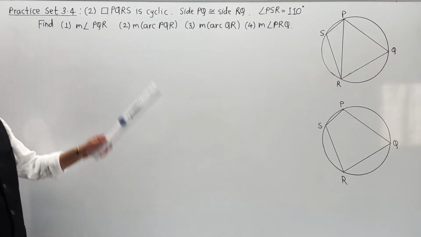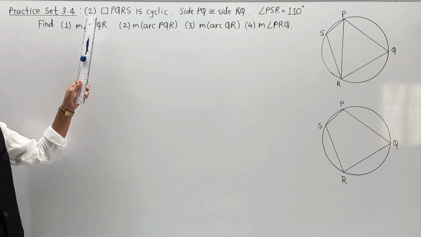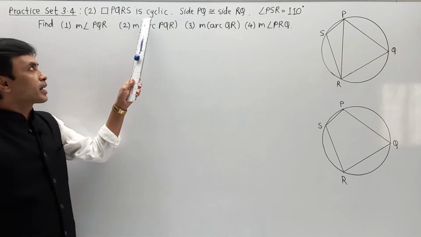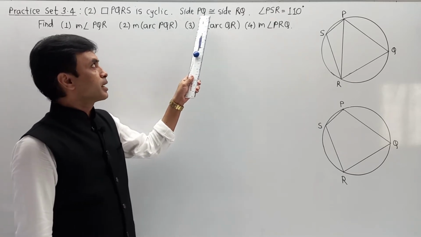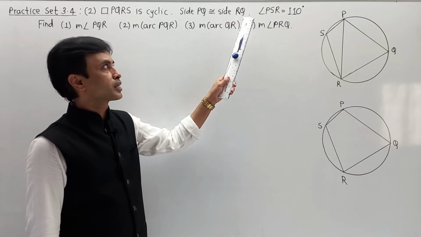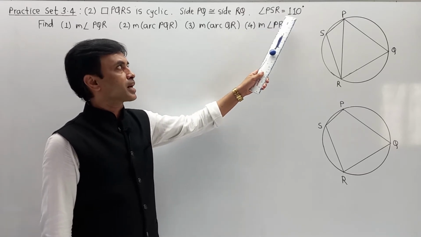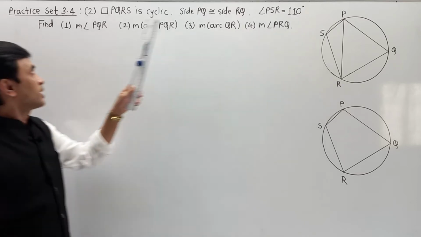Hello friends, now we are in practice set 3.4, question number 2. PQRS is cyclic. Side PQ is congruent to side RQ. Angle PSR is equal to 110 degrees.